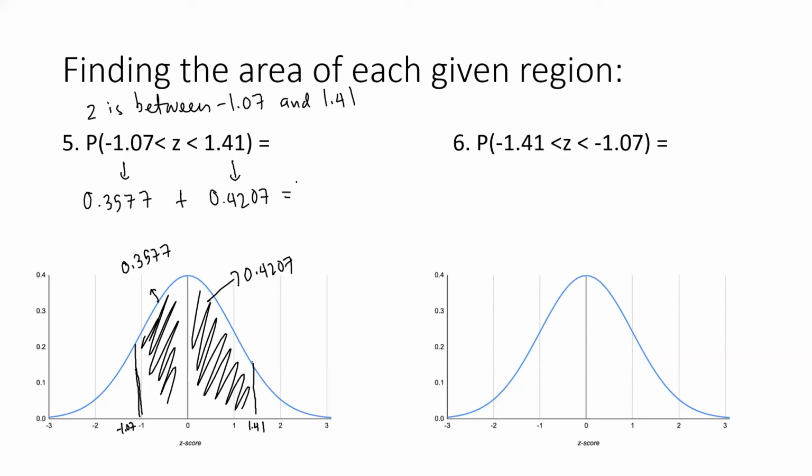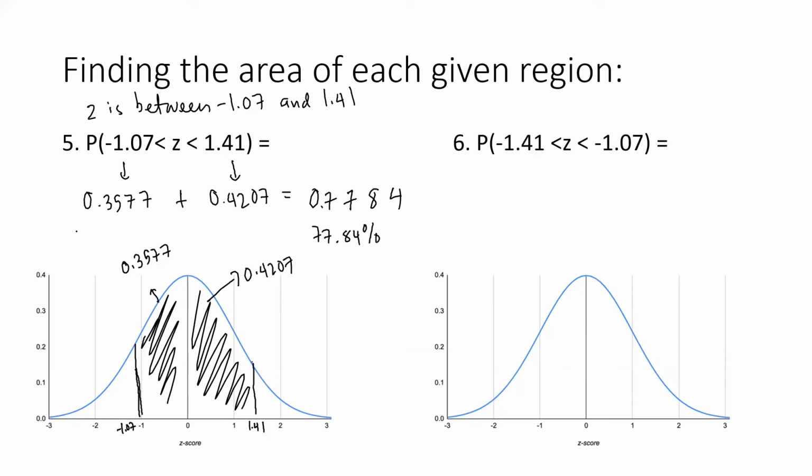So it will be 4 at the last digit, then 8, 7, and 7. So the area based on this inequality is 77.84%.